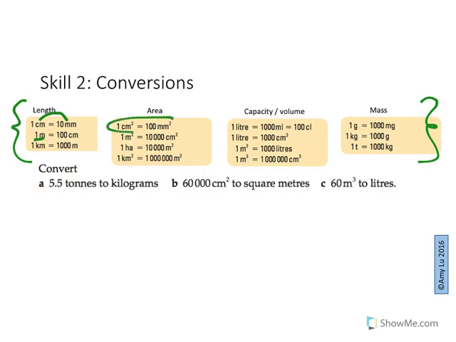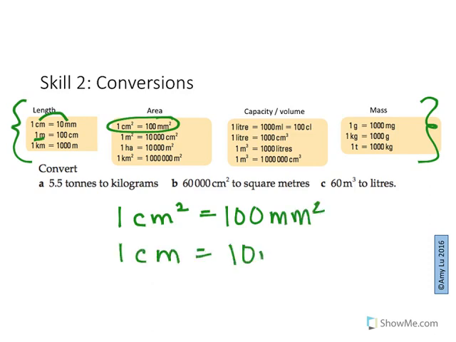And then area, interestingly enough, if I know 1 centimeter squared is going to be 100 millimeters squared. And the reason is this. 1 centimeter, we know, is 10 millimeters, right? So if we wanted to know what it is squared, we'd actually have to times it by 10 millimeters again, because we need 2 of the conversion.